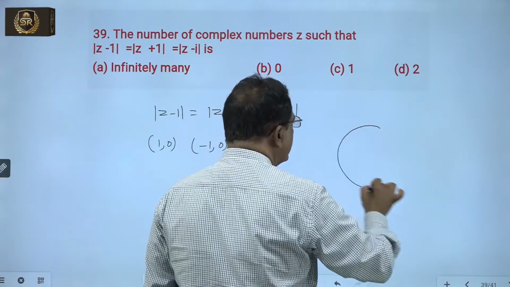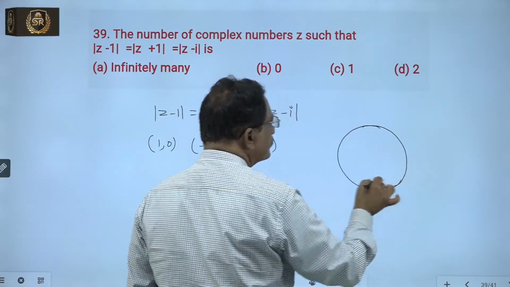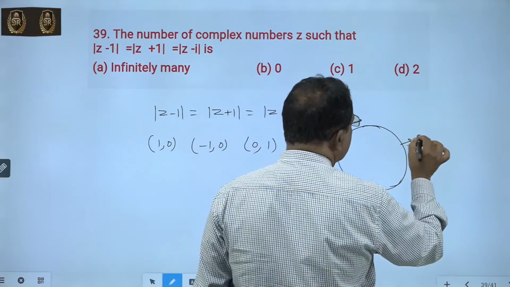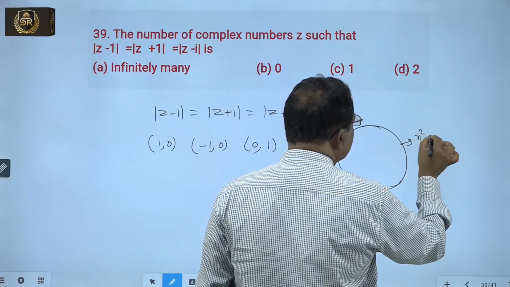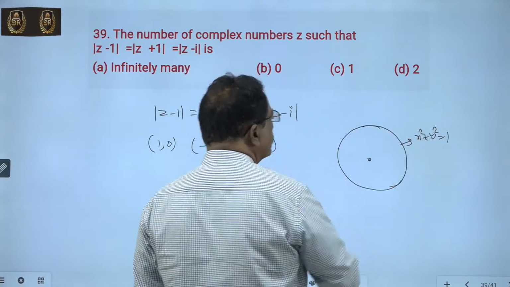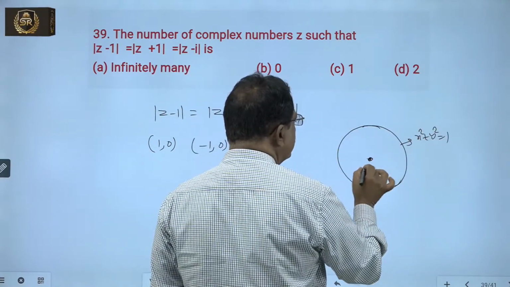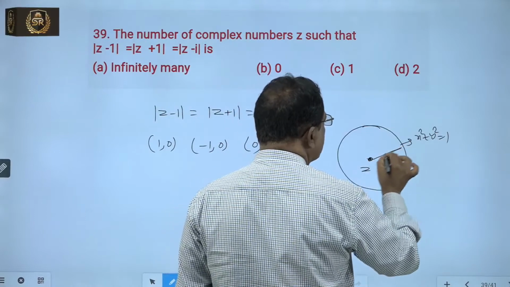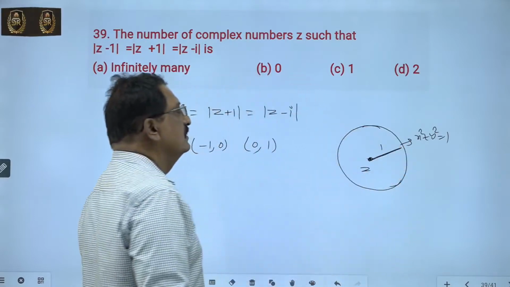These 3 points lie on a circle, x square plus y square equals 1. Now, if suppose z is 0, the radius of the circle is 1 unit.